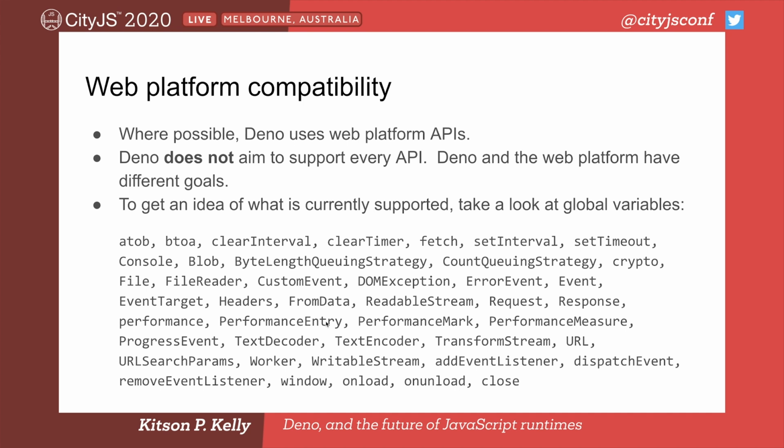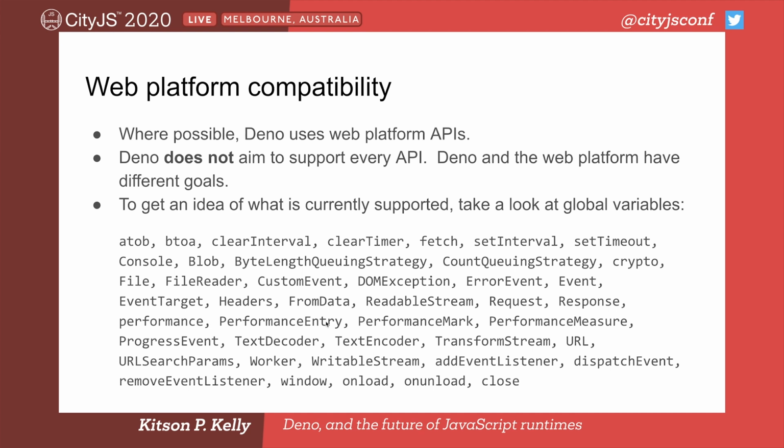But Deno doesn't aim to support every API. So there's some that just don't make sense in the context of a server type runtime. But there's quite a bit there, and it's one of those areas that we will continue to expand. Basically, whenever we try to solve a problem, we want to look at how the web platform solves the problem, and if that can be easily adapted and adopted within Deno.